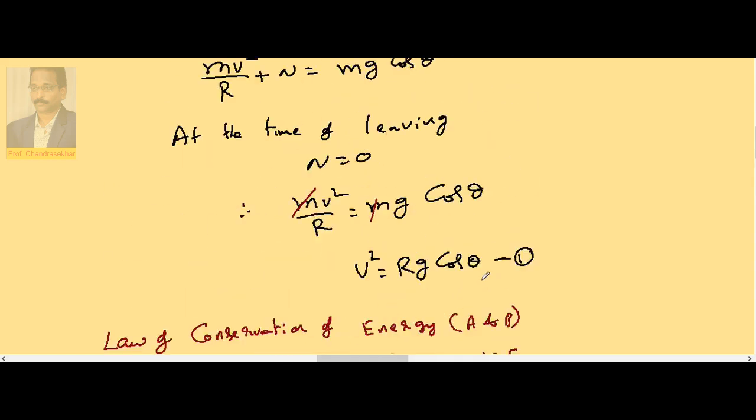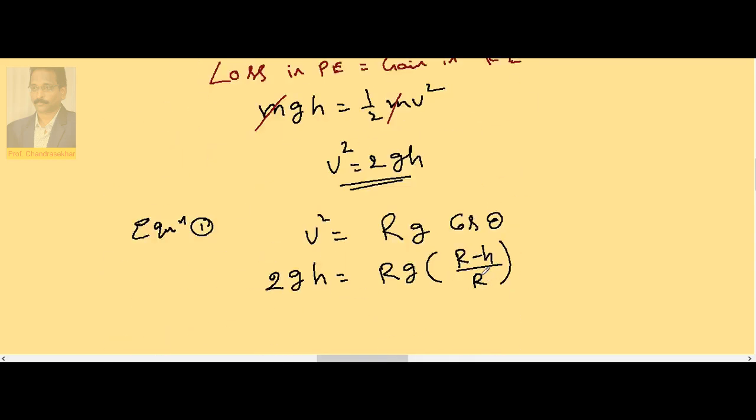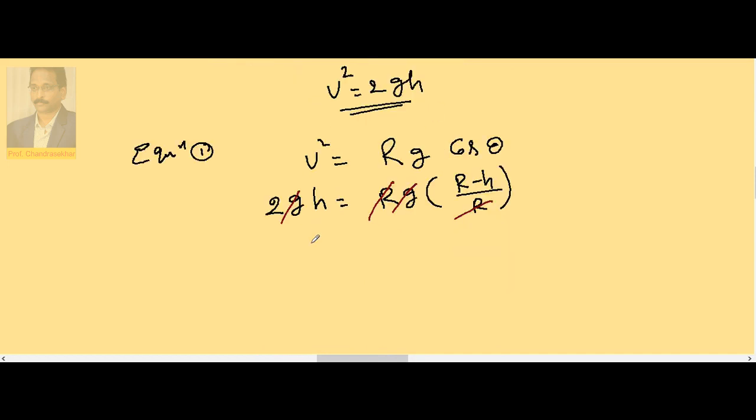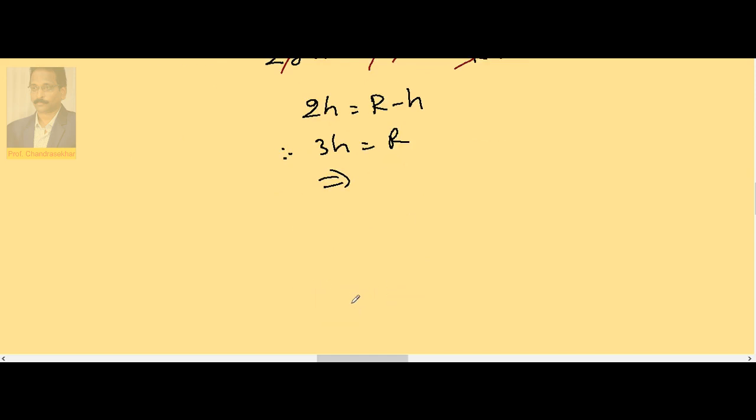So we are just substituting these values. Now cancel the terms r and r, g and g. Therefore the left side is 2h and the right side is r minus h, or 3h is equal to r, which implies h is equal to r by 3.